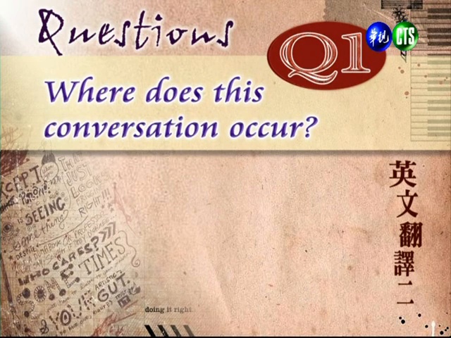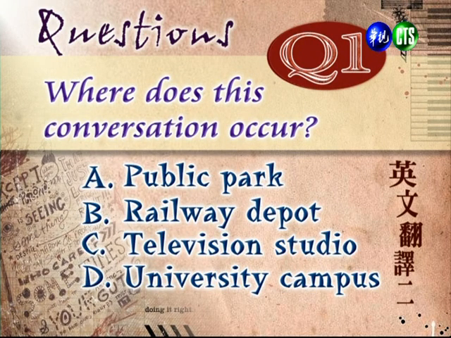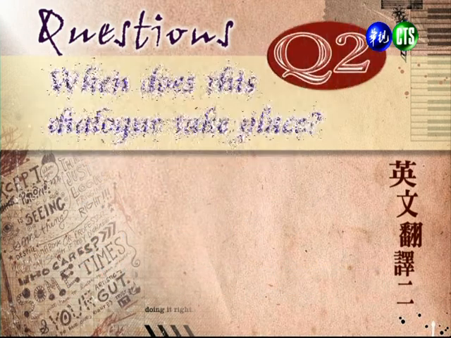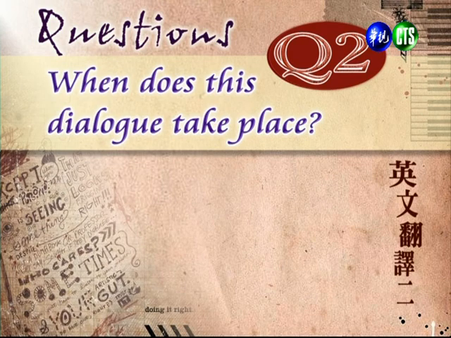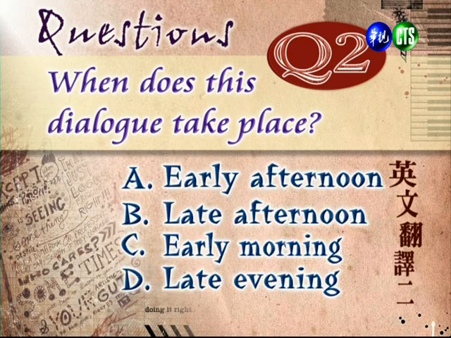Where does this conversation occur? A. Public park. B. Railway depot. C. Television studio. D. University campus. D. University campus. Question 2. When does this dialogue take place? Early afternoon, late afternoon, early morning, late evening. Early afternoon.